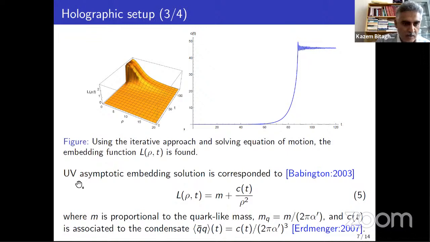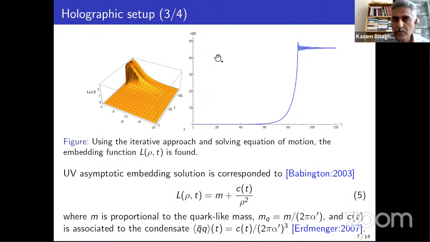The UV asymptotic embedding solution corresponds to this equation, L equals m plus c over rho squared, where m is proportional to the quark mass by this equation, and c(t) is associated with the condensation, q q-bar, c(t) over 2 pi alpha prime cubed.